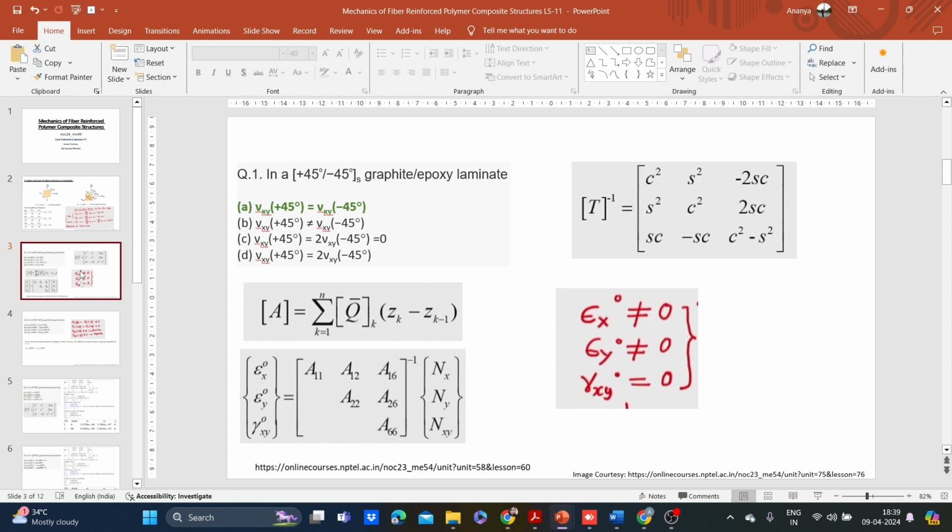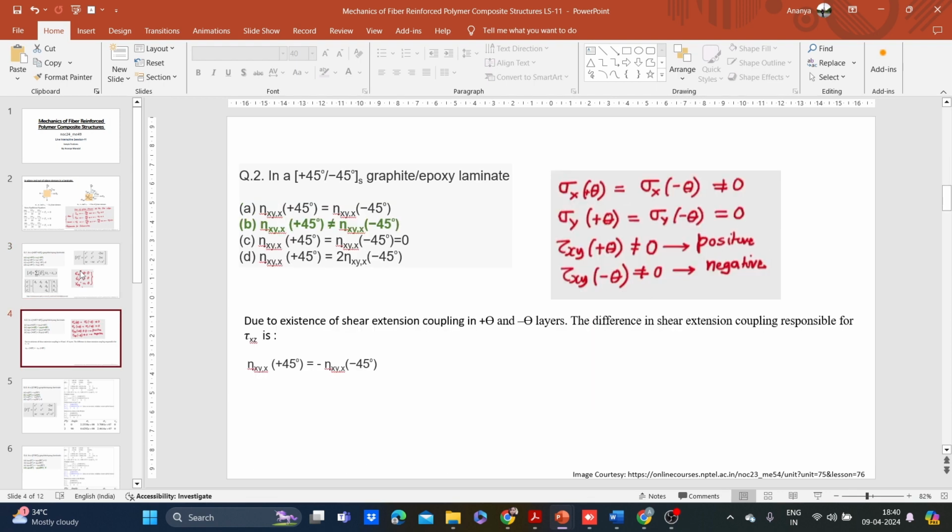But why, ma'am, is eta different? Eta depends on the shear coupling, and for plus and minus 45 the shear coupling values will be opposite to each other.